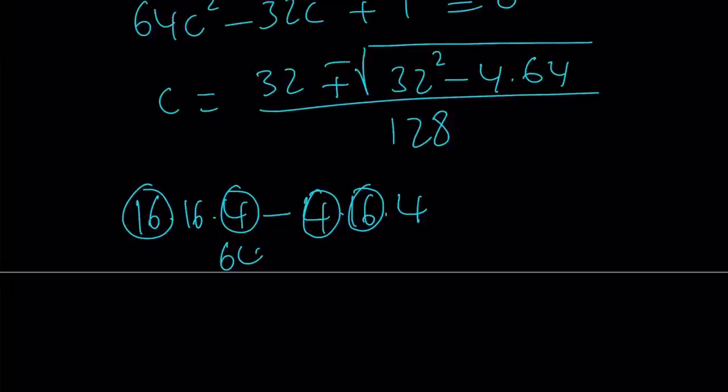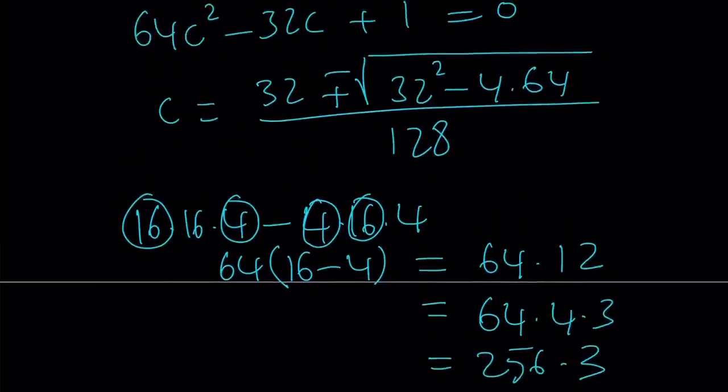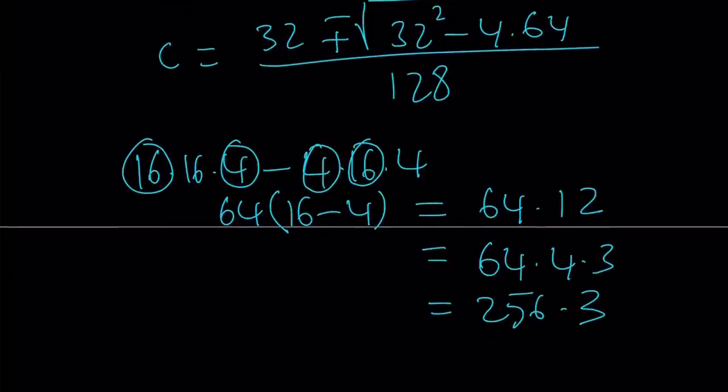So it's kind of like 64 times 16 minus 4. Or inside the radical, we can factor it as 64 times 12. But 64 times 12 is 64 times 4 times 3. Therefore, it's just going to be 256 times 3. So that expression turns into a perfect square times a prime number, which is easy to take care of.